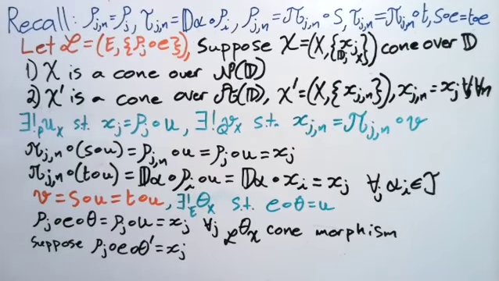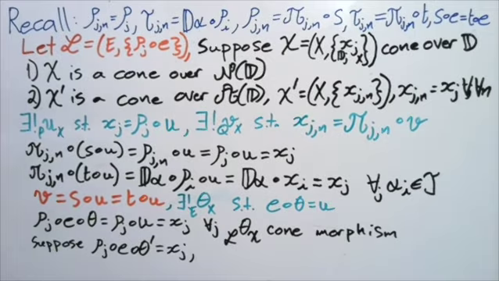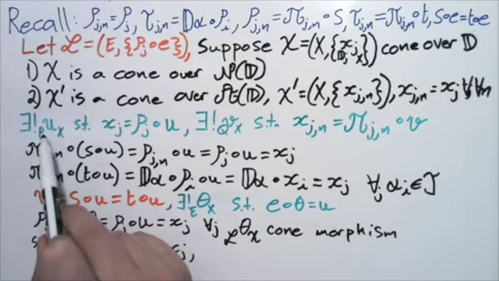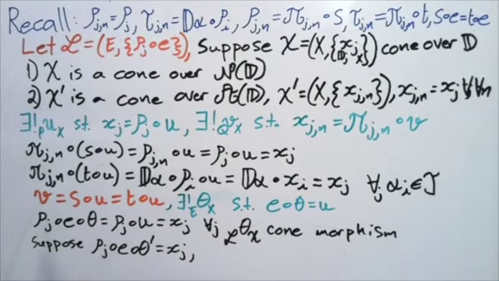Well, then notice that both of them satisfy this equation, right? E after theta can be substituted for u here, and E after theta prime can be substituted for u here. But once again, u is the unique morphism that satisfies this equation. So that means that we must have u equals E after theta equals E after theta prime.